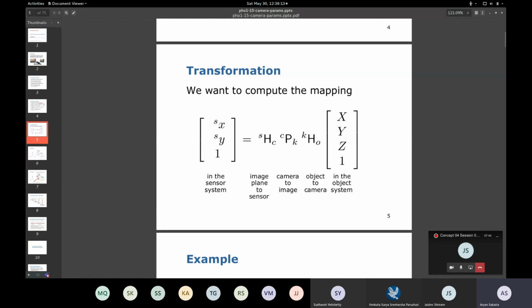Once I have these points in the camera coordinate system, I'm going to project them onto an image plane. And from the image plane, I'm going to bring them into an array of pixels, basically what's being projected on your screen. That's a device dependent thing.